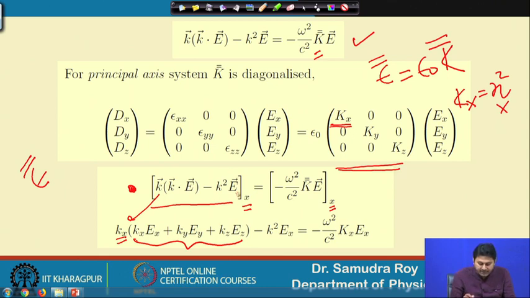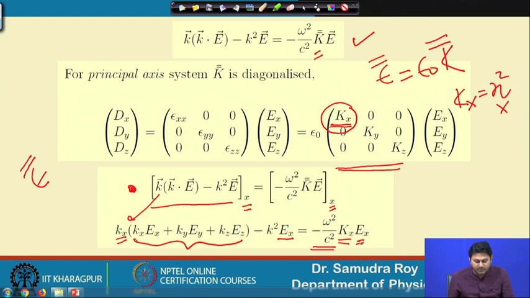The second part of the left hand side containing k square is again a scalar quantity, but E is a vector quantity, so once I take the x component, I should write Ex, as simple as that. On the right hand side also, minus omega square by c square will remain the same, because it is a scalar quantity, and then we have the x component of the rest. So, the k double bar x component, as shown in the previous case, is just kx, so I write kx, and the x component of E will be Ex.